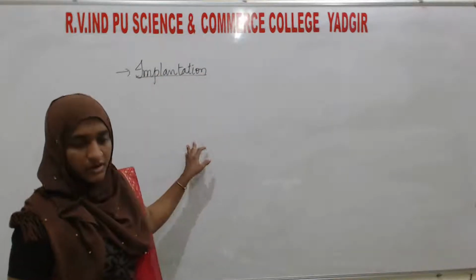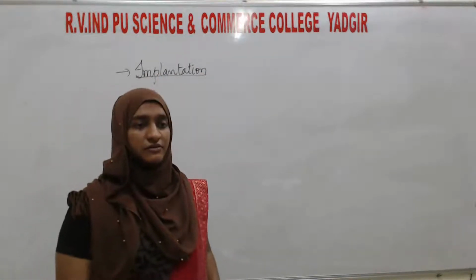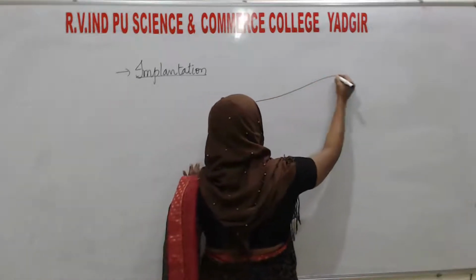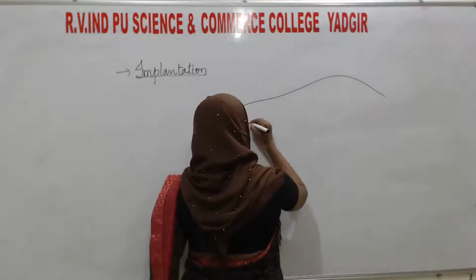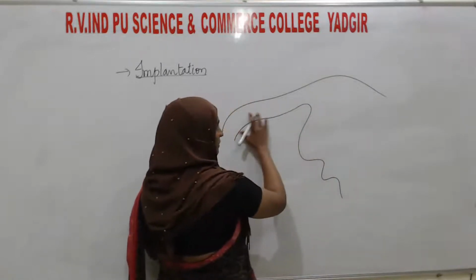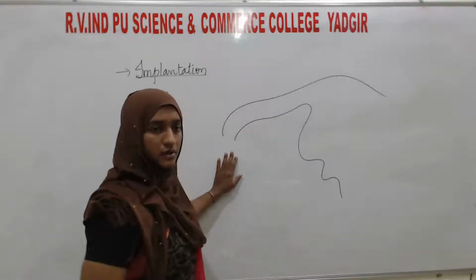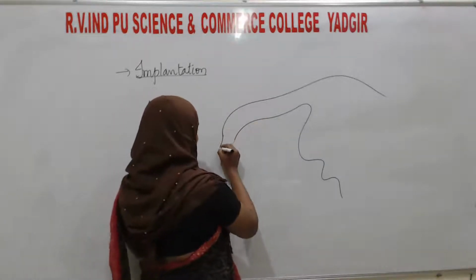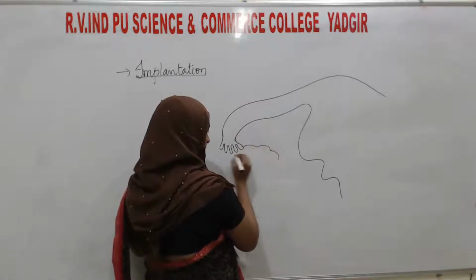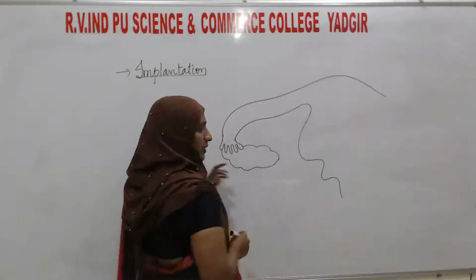Okay. So here fertilization takes place in the oviduct. Okay, see here, fimbriate, ovary.